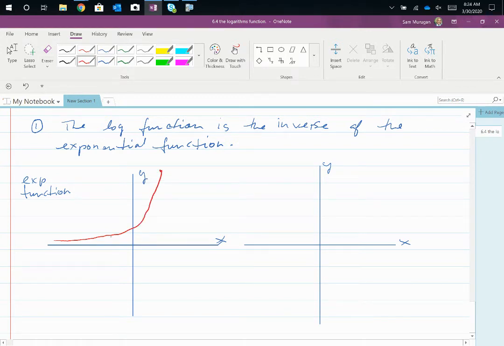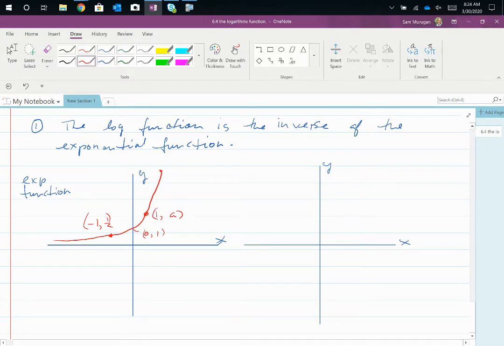And the points -1 and 1 over a, 0 and 1, and +1 and a were on the graph.